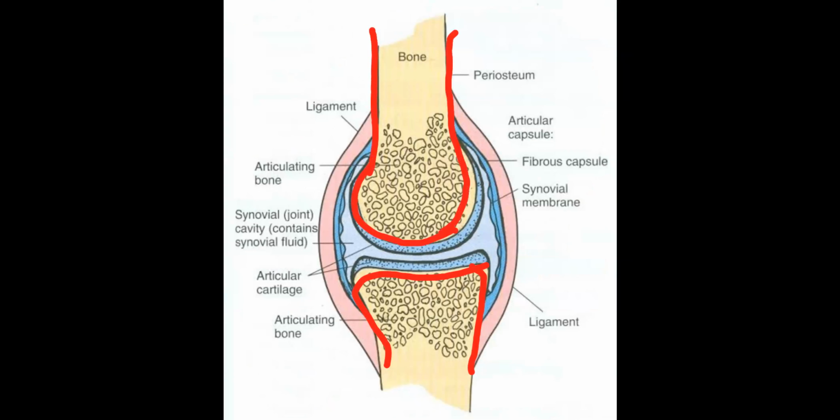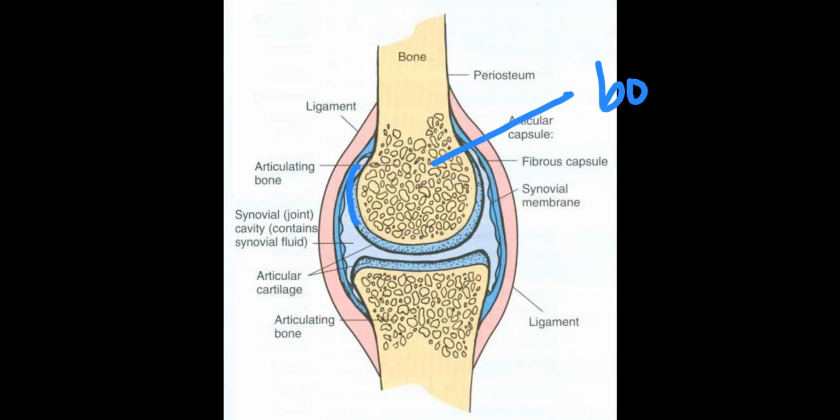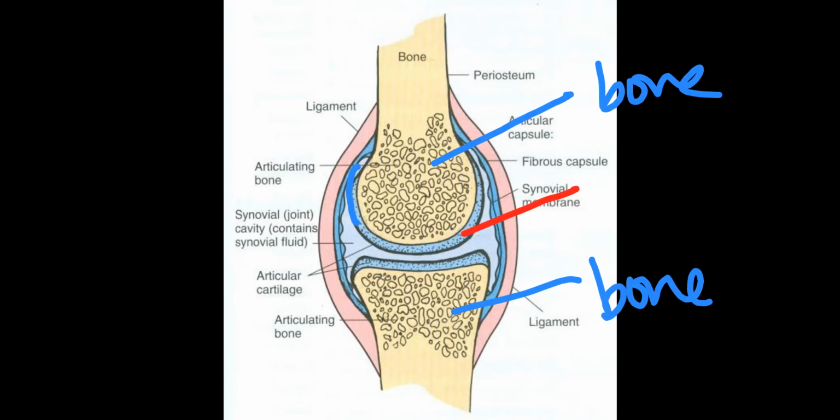Now, first of all, their heads are supposed to be covered by hyaline cartilage. So if these are the heads of the bones, then these are the hyaline cartilages.